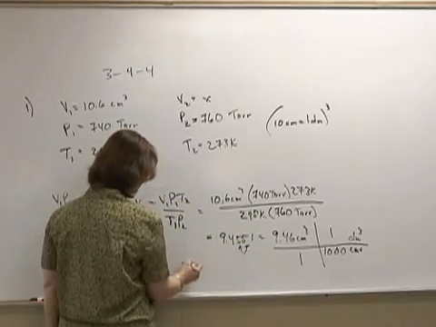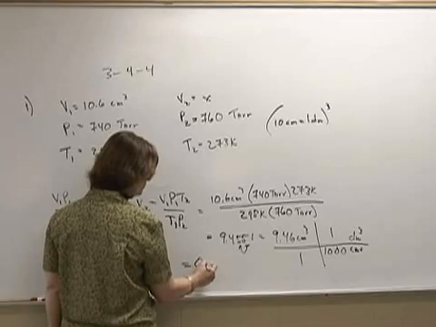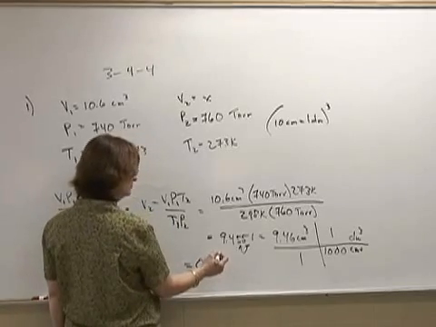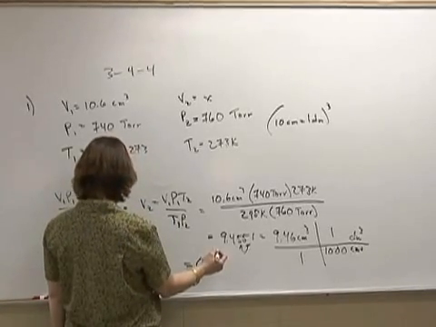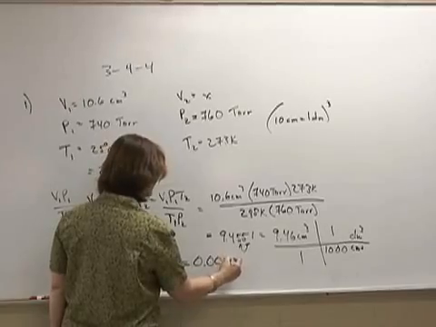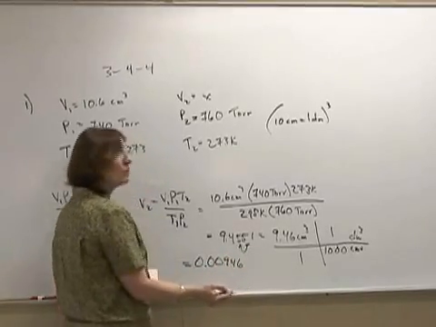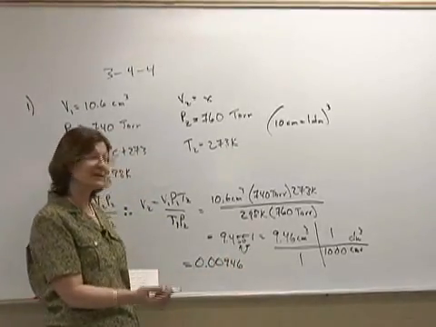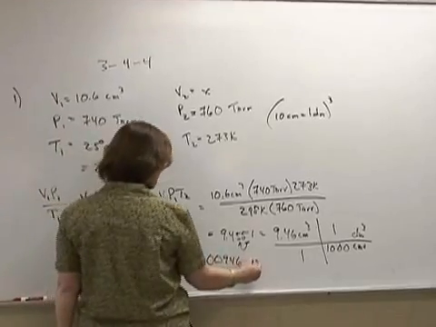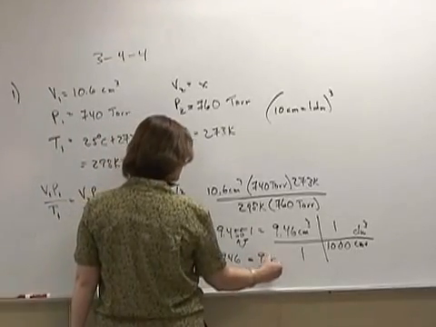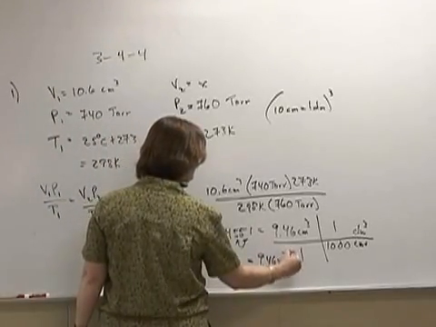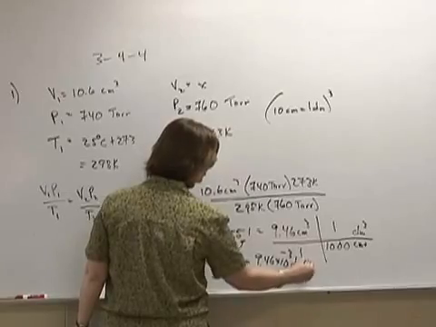And therefore, I get 0.00946. Or when we have lots of zeros, sometimes we want it in scientific notation, and that would be 9.46 times 10 to the negative third decimeters cubed.